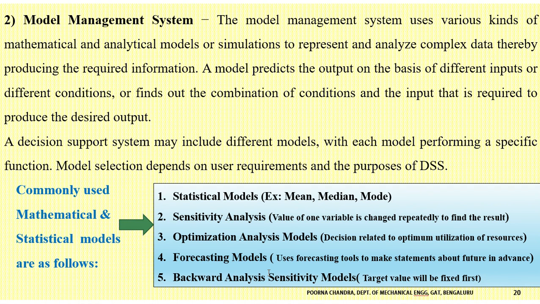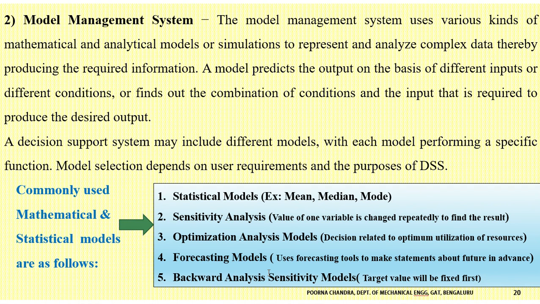They will analyze depending on the input, and they will keep on varying the different factors, and try to find different outputs or desired outputs. The decision support system may include different models, with each model performing a specific function.